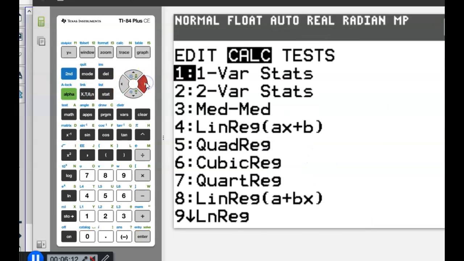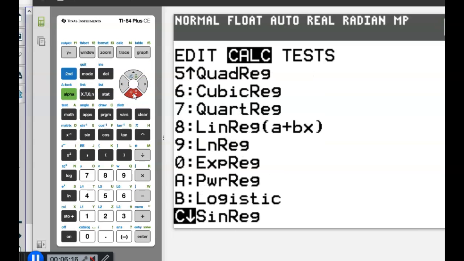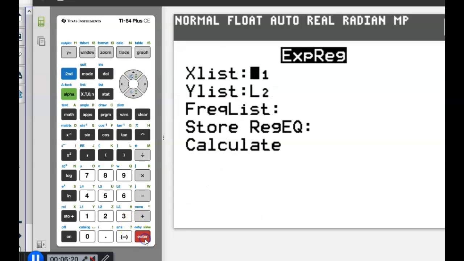All right, so we're going to try stat, right arrow. We said exponential, which is on the next screen. It's choice 0 here. And I would like to practice saving. You remember how to do that? List 1, list 2, we don't want a frequency list. We are going to store it.